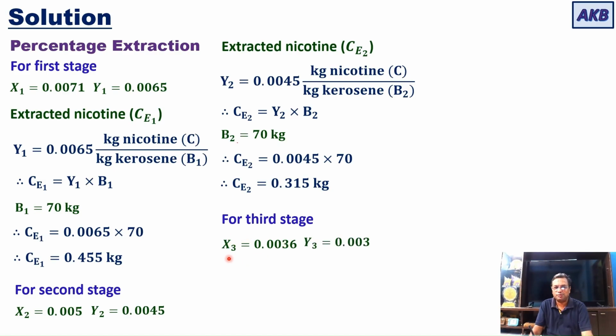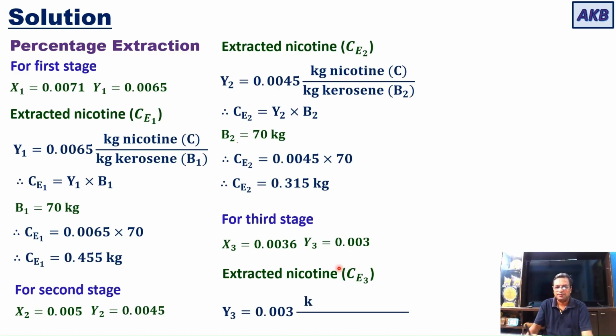For third stage, we obtain capital X3 as 0.0036, capital Y3 as 0.003. Now the extracted nicotine in the third stage, let us denote the quantity by Ce3. So for getting Ce3, we will be using the value of Y3, which is 0.003 kg nicotine per kg kerosene, that is B3 in the extract that is obtained in the third stage.